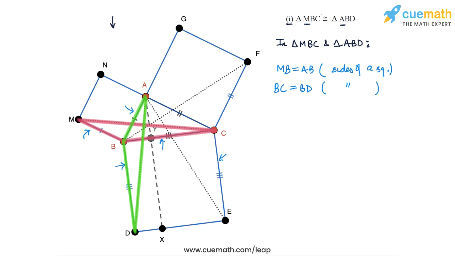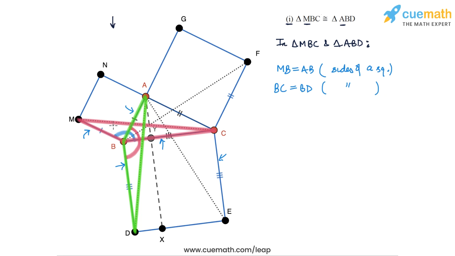And what else can you see as equal? Well, I want you to think about the angle MBC, this angle MBC, and the angle ABD, this angle. What can you say about these two angles? Do you see them as equal or not? So observe these two angles carefully.